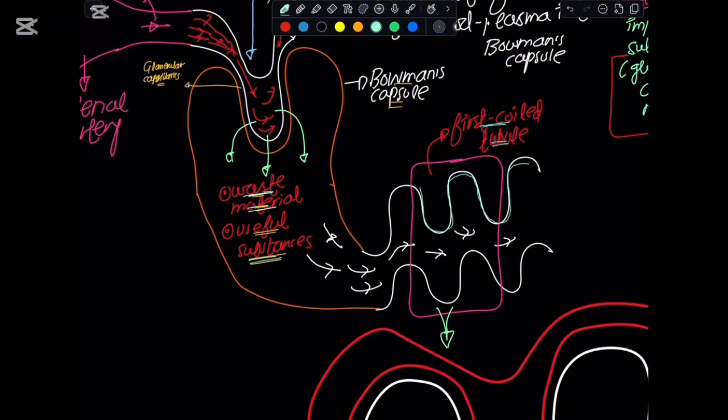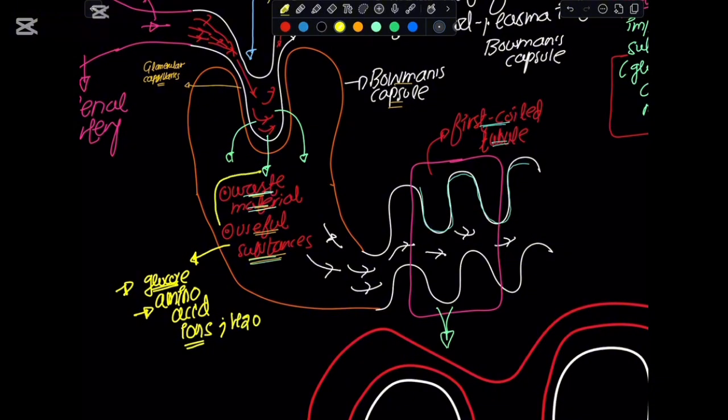Among the useful materials that have filtered out along with the waste materials, you must know the names: glucose, and then these amino acids. Along with the amino acids, we have some ions that have filtered out along with the waste material. So I need to reabsorb all the glucose, all the amino acids, some of the ions and some of the water back into the blood.